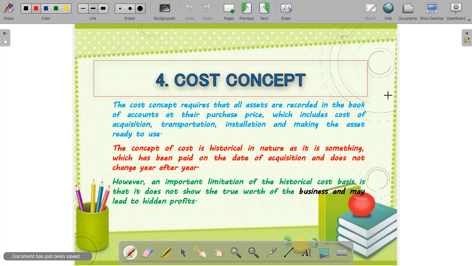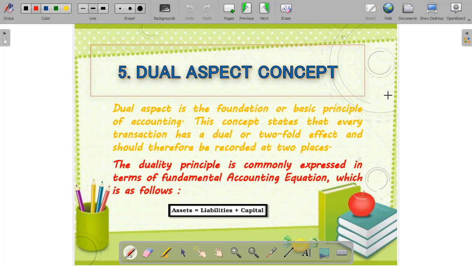Then the other principle we are going to discuss is the dual aspect concept or dual aspect principle, which is very important, and the whole of accounting is based on this principle. According to this principle, every business transaction has two aspects. One is the debit, another is the credit. On the basis of this, we had already learned how to prepare the accounting equation.